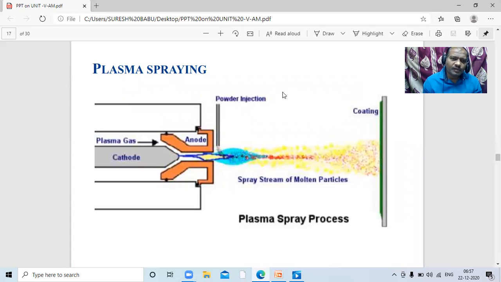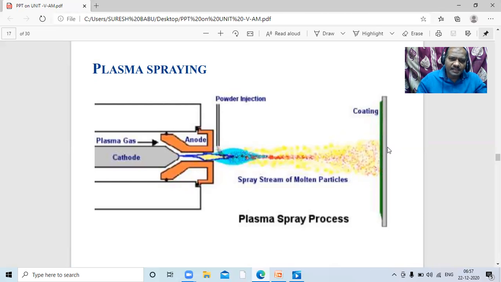If you observe, a cathode is there, plasma gas is there, anode is there, powder injection is there, and the material that is coating is green colored. And the last one, if you observe, is going to be called a substrate. So what happens in this plasma spraying process?